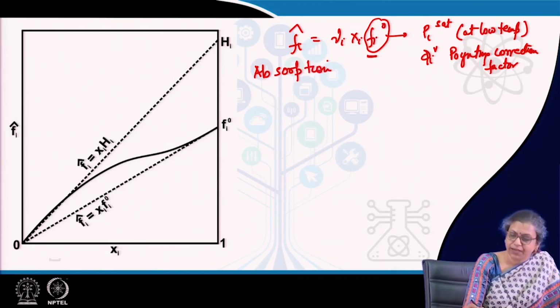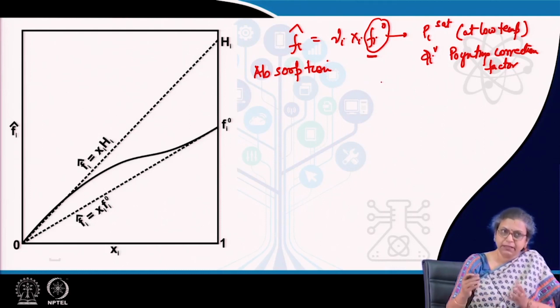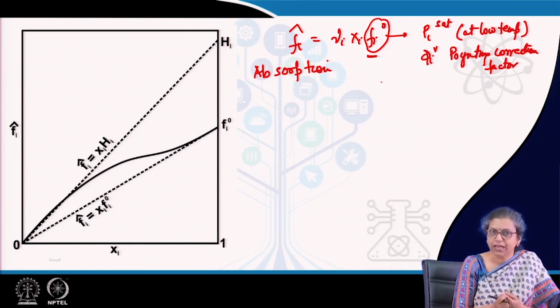We have to find out Fi cap for the liquid phase if we at all have to calculate the equilibrium conditions. Unless we can calculate the equilibrium conditions, we do not know, if suppose we want to remove carbon dioxide from air and we add water, whether at all any removal will happen or not.